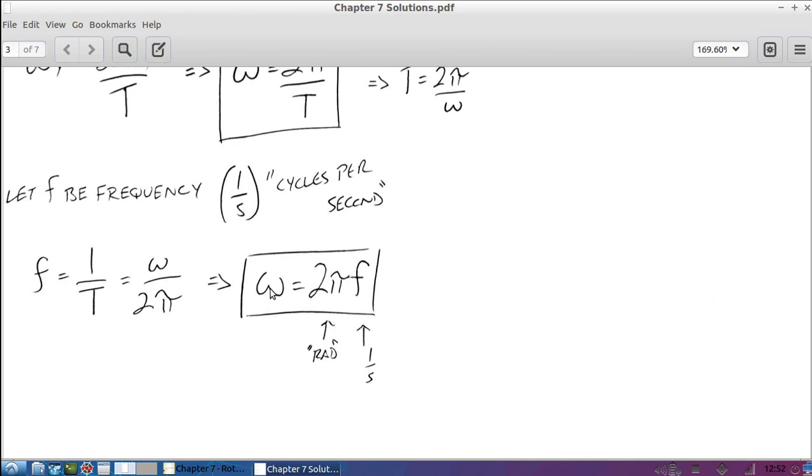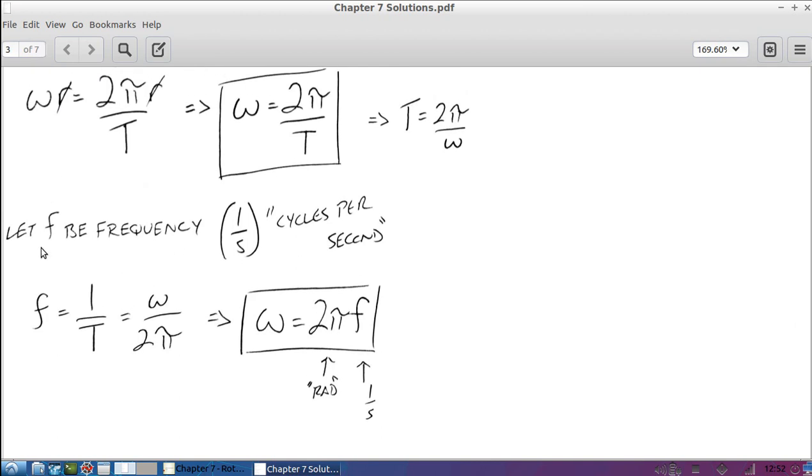Similarly, if you have the angular frequency or angular velocity, you divide it by 2 pi, you get the frequency. So on occasion you might be asked to find the frequency in hertz or inverse seconds or something like that. So given the angular frequency or even the tangential velocity or the period or anything, you can see the relationship amongst these variables and solve for f if you have to. So that's frequency.